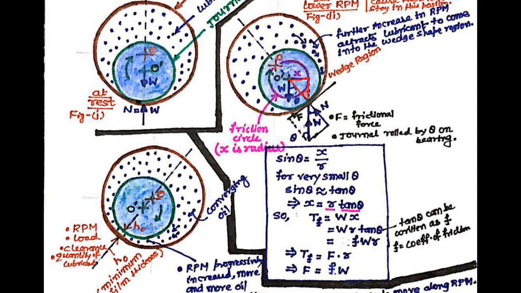So sin theta will be x upon r, radius of journal. So here written sin theta equal to x upon r. For very small value of theta, we can write sin theta and tan theta is equal to theta.